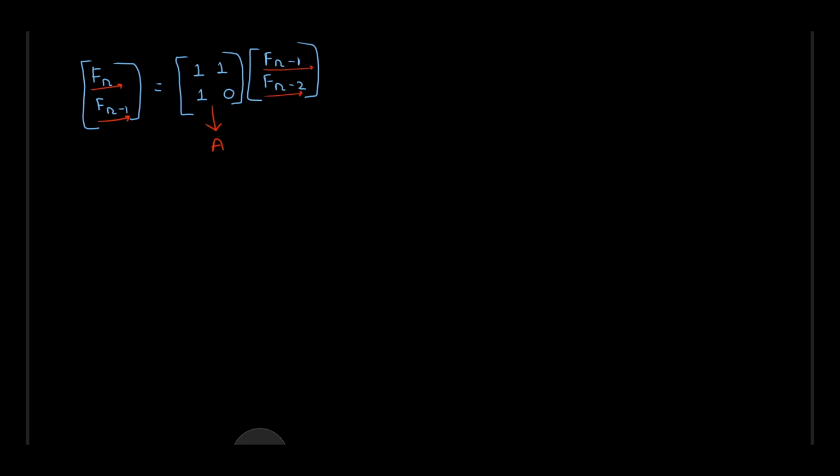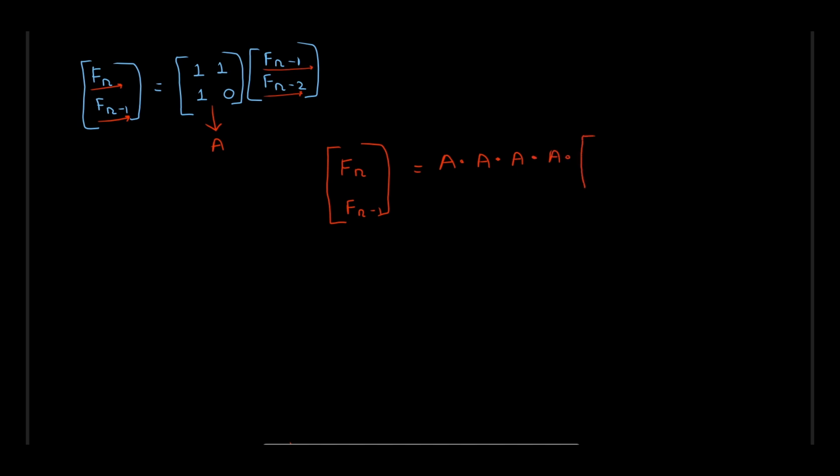This means that Fibonacci of n and n minus 1 is nothing but matrix multiplication by A several times, and you multiply it by f of 1 and f of 0.